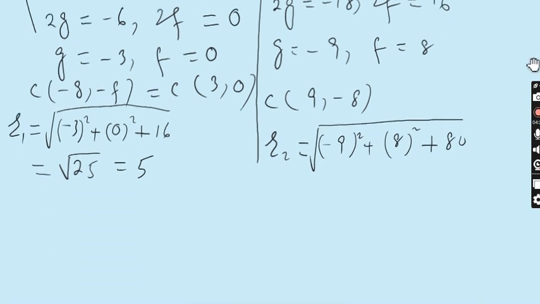Nine square is 81. 8 square is 64 plus 80.